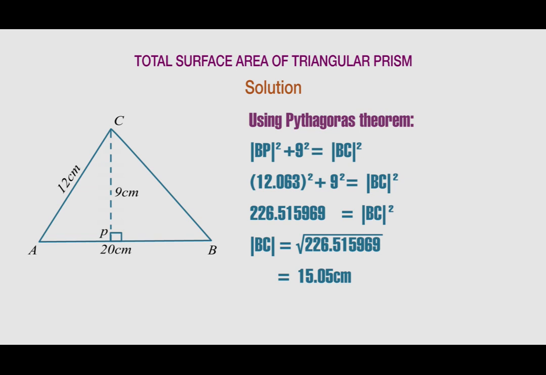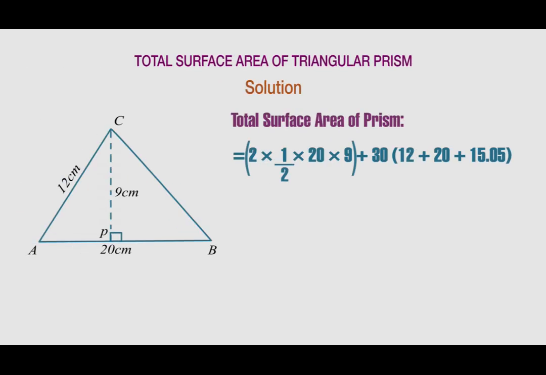We can now use the formula for finding the total surface area of a prism. Then we substitute the values that we have. And that will give us 2 multiplied by half, multiplied by 20, multiplied by 9, plus 30 into brackets 12 plus 20 plus 15.05.